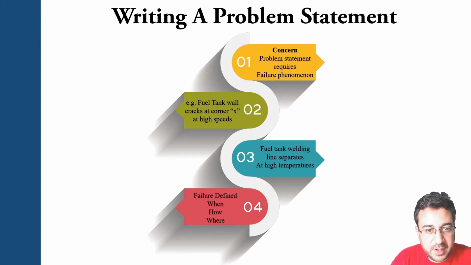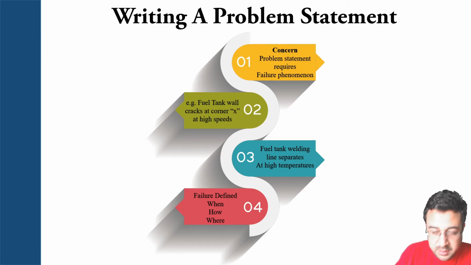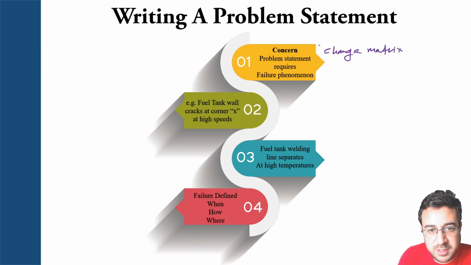As a straightforward process, if you want to know how you write your problem statement, you start with your concern. That's in your change matrix. So you reach the point where you are doing your change matrix, and in that change matrix you identified a concern, right?